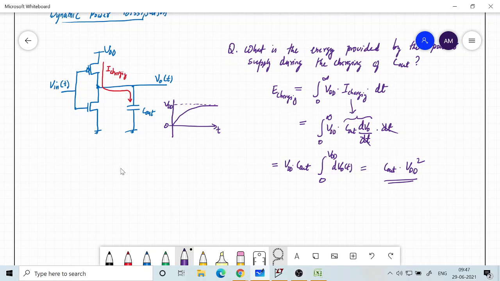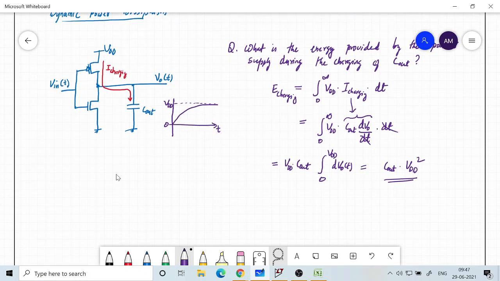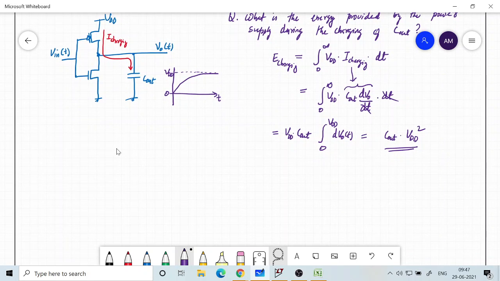Okay, now but that doesn't mean that all this power got dissipated. So now we will ask a slightly different question. How much is the power stored in the capacitor? So this is question number 1. Question number 2.